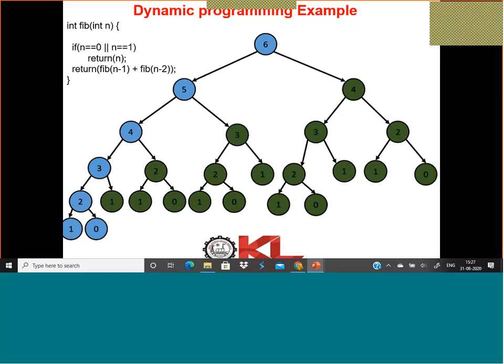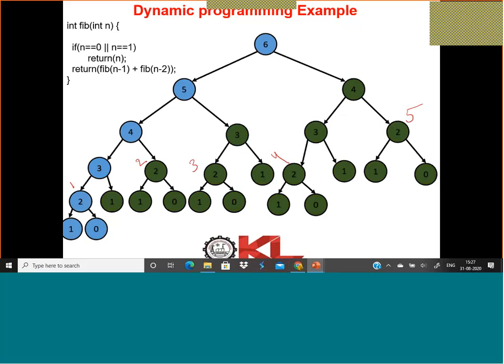3 over. Next, look at the Fibonacci of 2. How many times? 1, 2, 3, 4, 5 times you are invoking the Fibonacci of 2. So call the function one time, and use that value for the remaining 4 times.